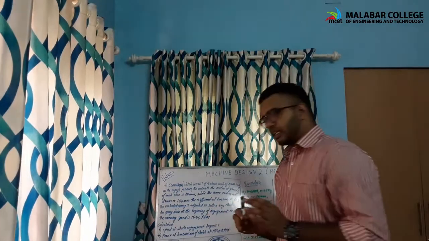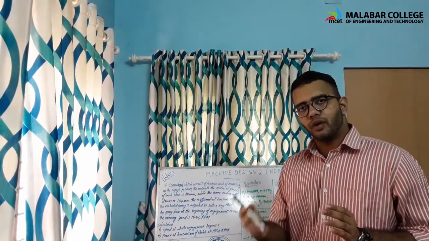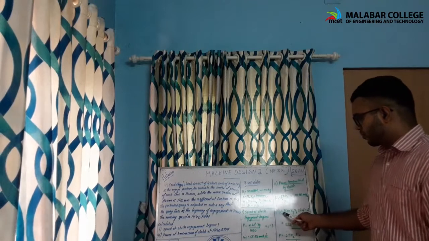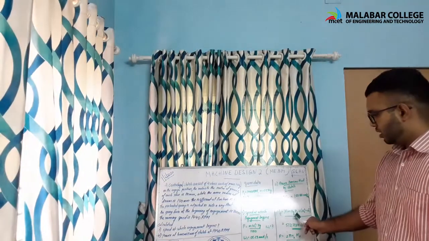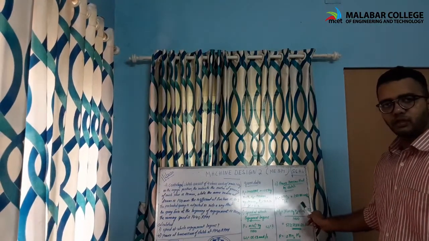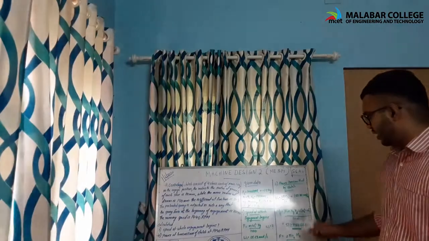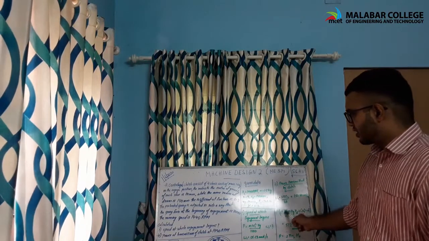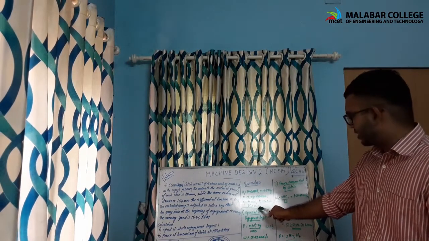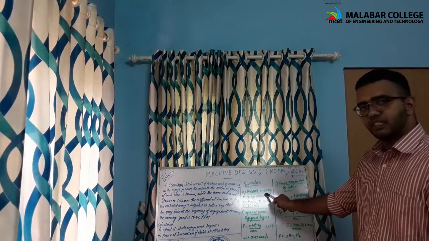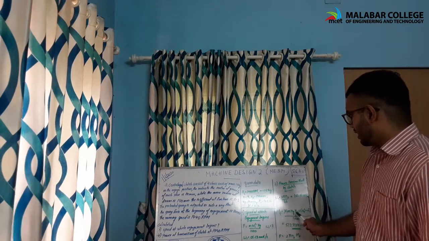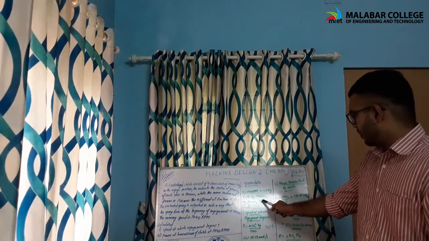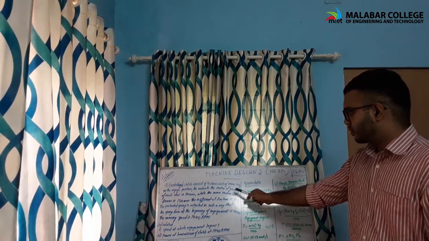And we need to find Mt. Mt is the equation given in the data book, which we need in order to find the power. Mt is equal to mu into m into rg into rd into z into omega 2 square minus omega 1 square by 1000. Mu is the coefficient of friction, 0.3, m is the mass 1.5, rg is 110 mm, rd is 140 mm, and z is the number of shoes, 4.